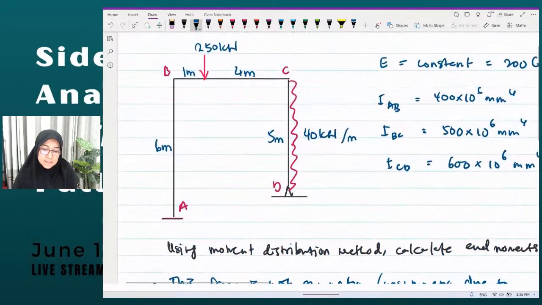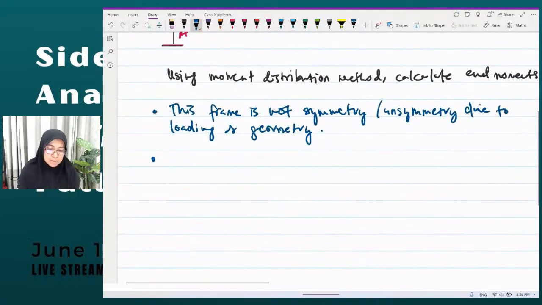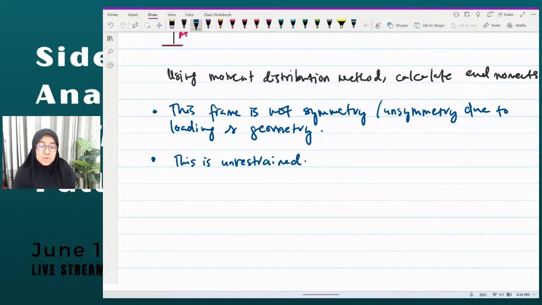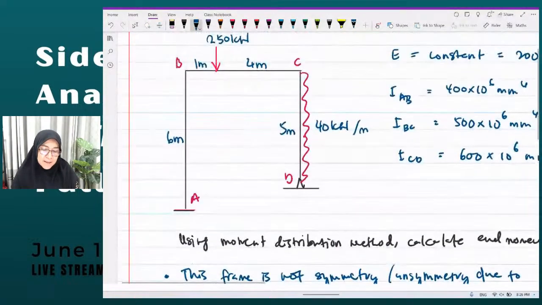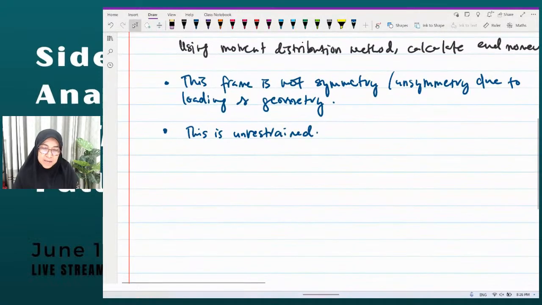This frame is unrestrained. Unrestrained means that in this frame there is a combination of external loading and delta.